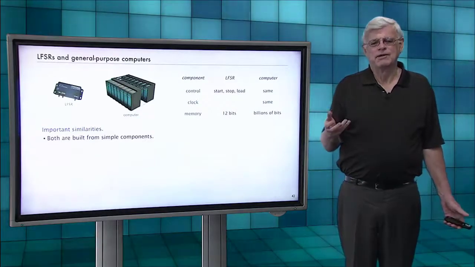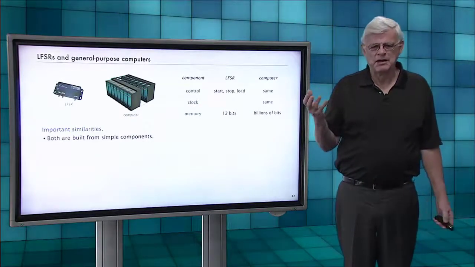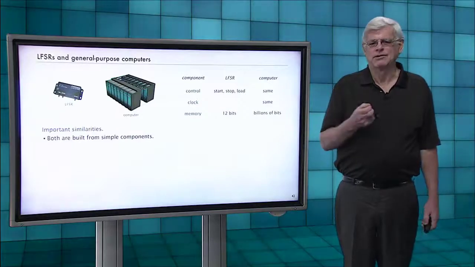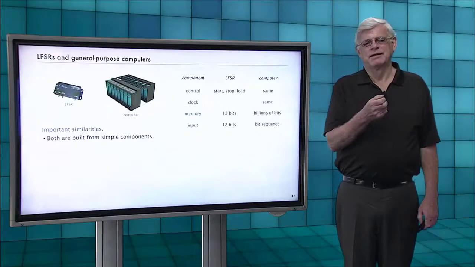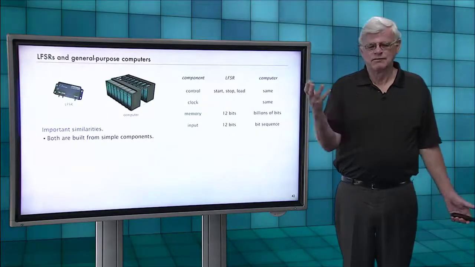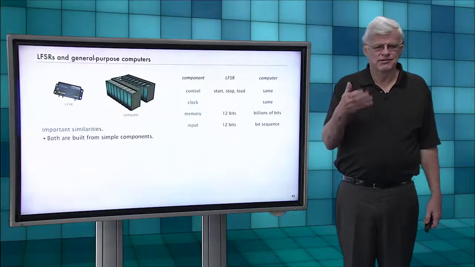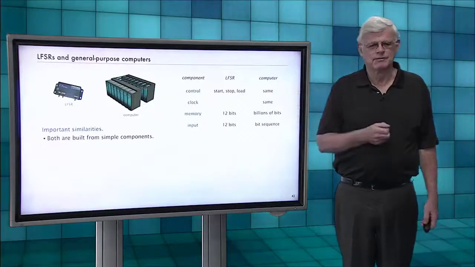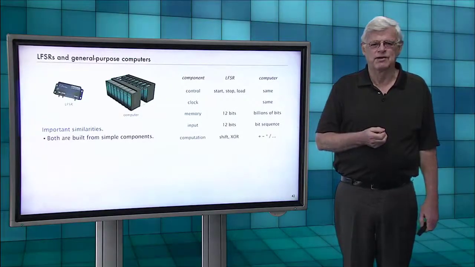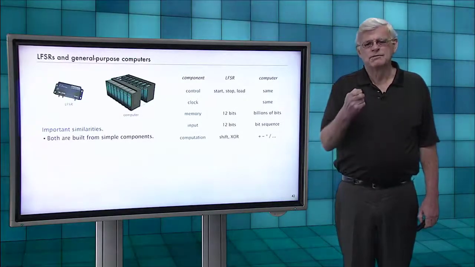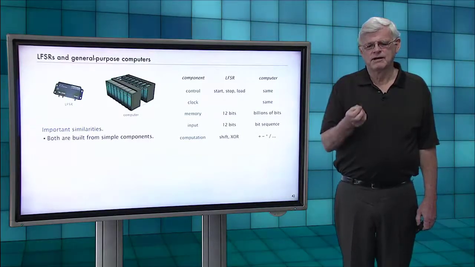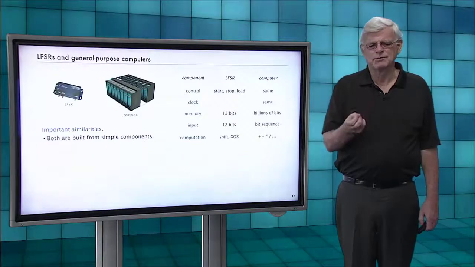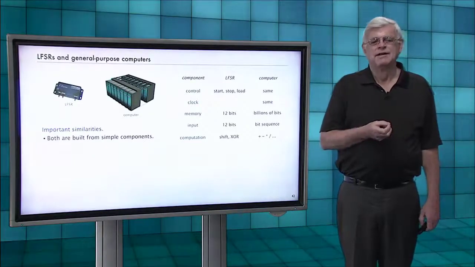They both have memory. Of course, the computer has way, way, way more memory than the LFSR, but they both have memory. They both take input, and wherever it comes from, the LFSR just takes a little. The computer might take a lot from the internet or some other kind of device. They both do computation. They take bits, functions that take bits as input, produce bits as output.